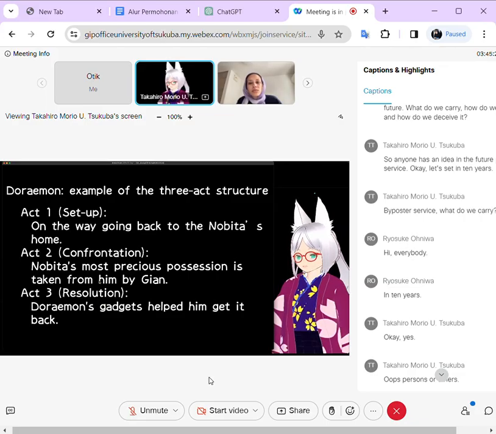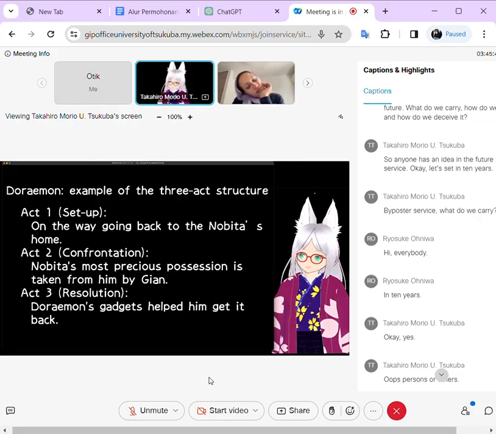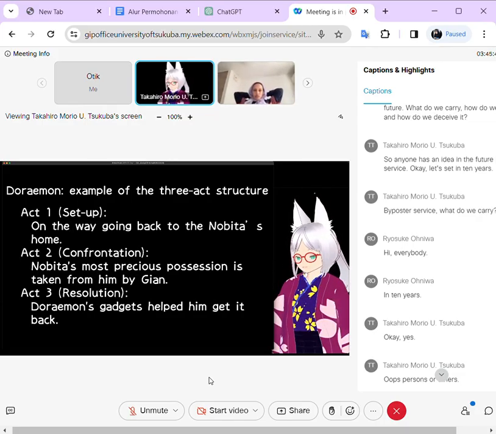And in the second act, confrontation. On the way, he meets Giant, and his most precious possessions, like some dolls, figures, and so on, are taken by Giant.